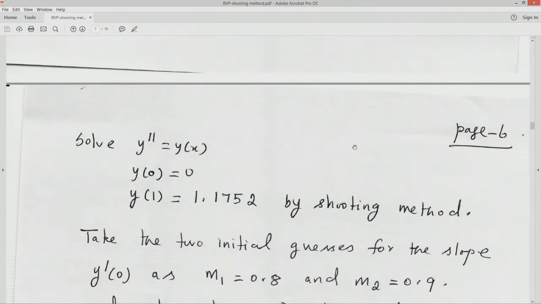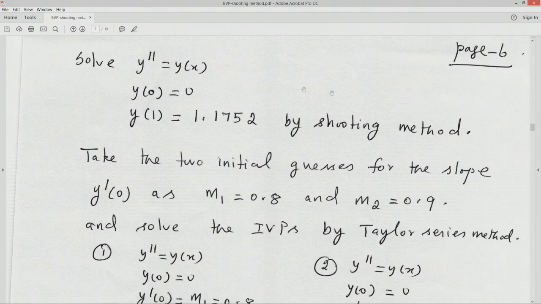So, the boundary value problem that is given to me is y double dashed equal to y of x and y of 0 equal to 0 and y of 1 is say 1.1752, and we are asked to solve this problem by shooting method. So, what is step 1?